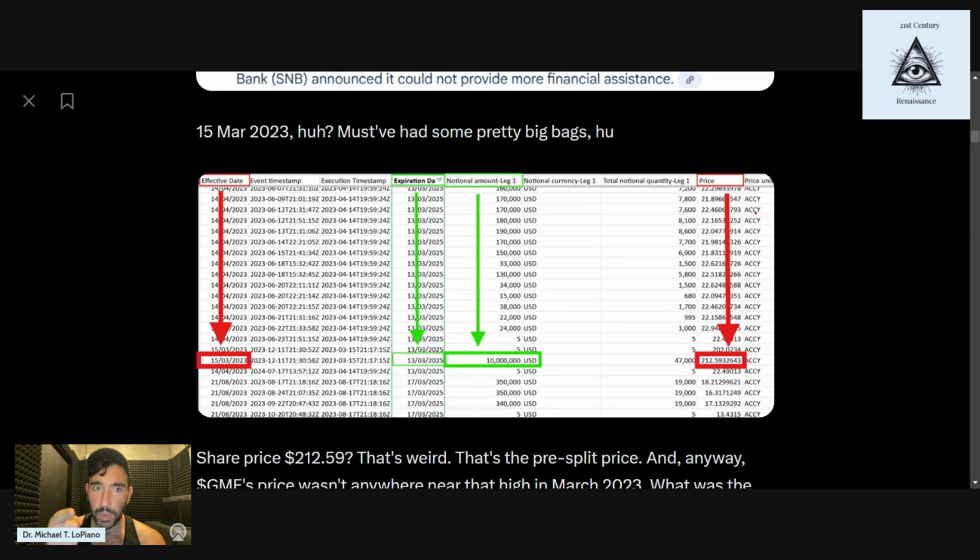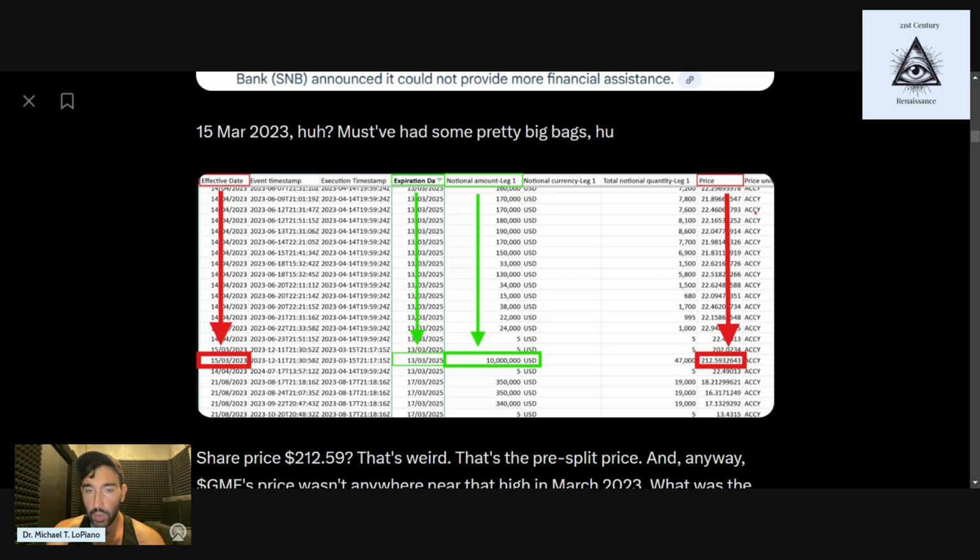What's weird about this one trade that's due, this swap that expires on the 13th, so the end of next week, is that the price on this swap is $212 a share. The mark on the share price for GameStop in the underlying is $212 a share, which is not a price, this is post-split.